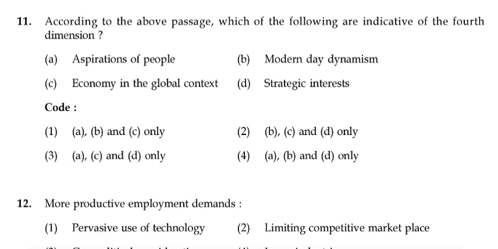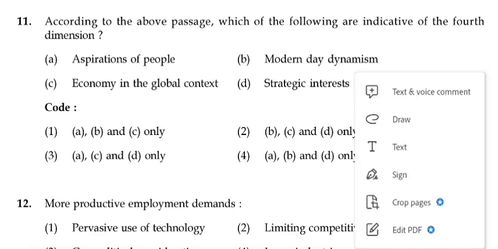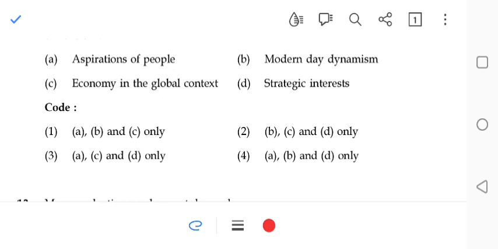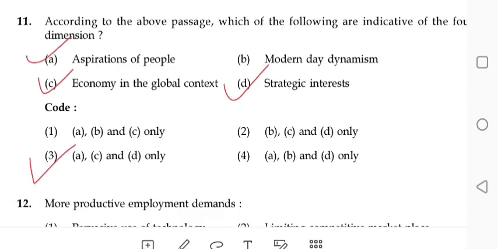Aspirations of people, modern day dynamism, economy in the global context, strategic interests. A, B, C, B, C, D, A, C, D, B, and A, B, D. So 11, it will be number 3. That means aspiration of people, economy in the global context, strategic interests. A, C, and D. That means code D will be correct.